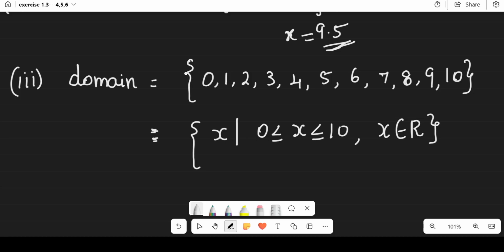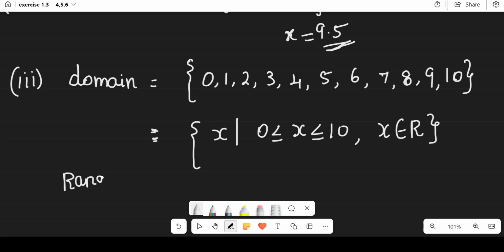Here 0 is included, 10 is included, that's why I have written less than or equal to. Okay, and now we need to find the range value.